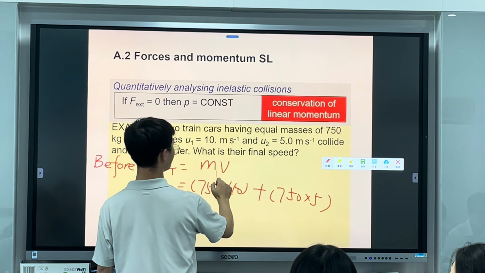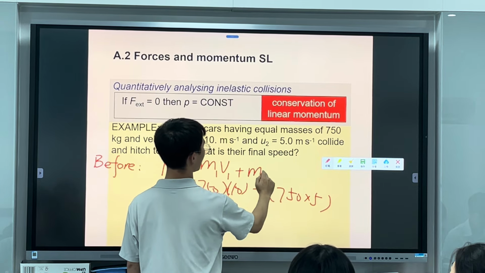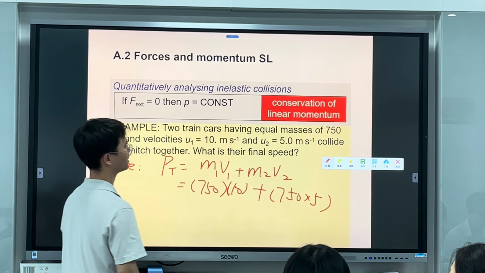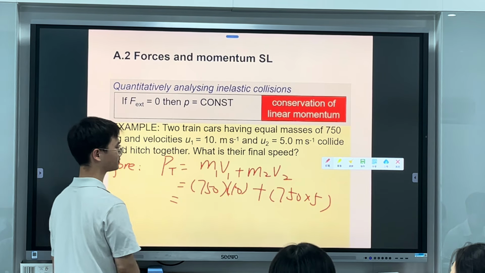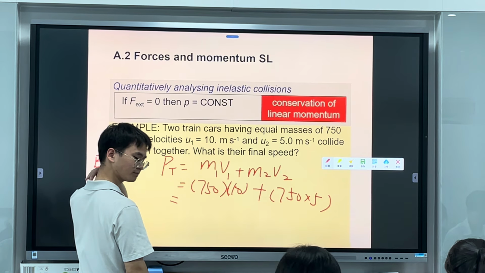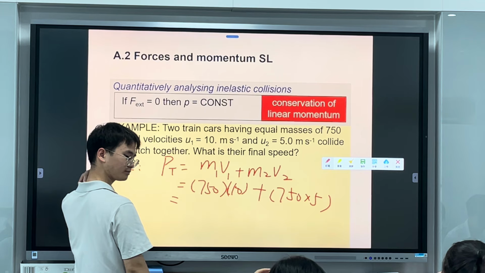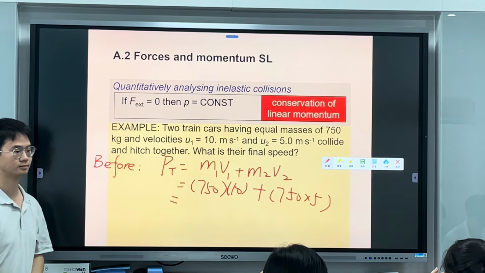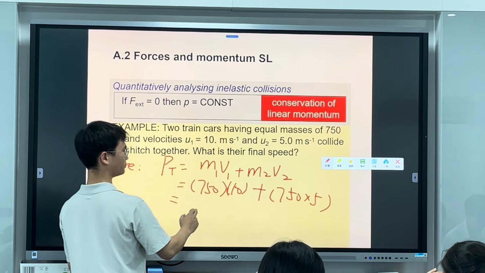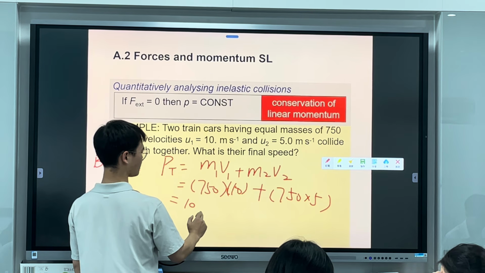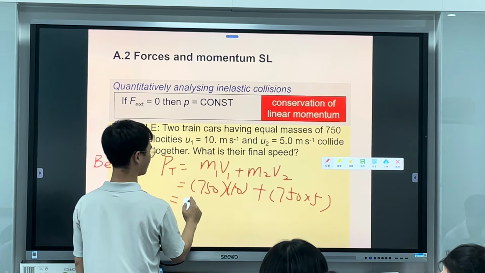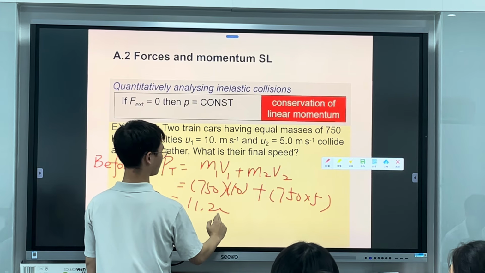Then you should add them because you have 2 objects, right? Okay, so you get 11,250.